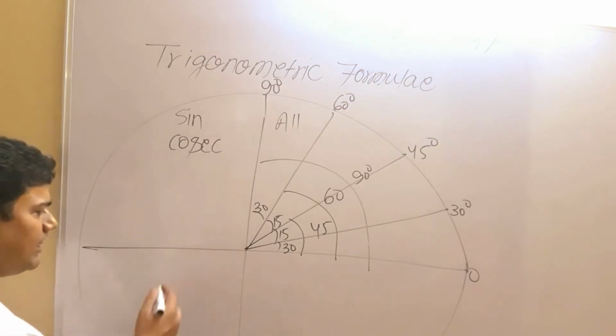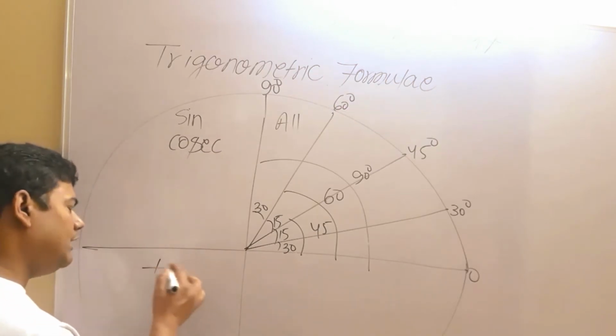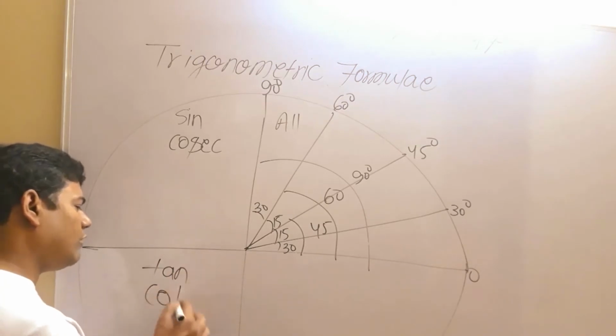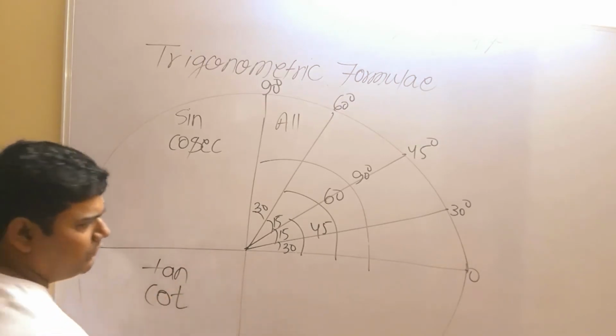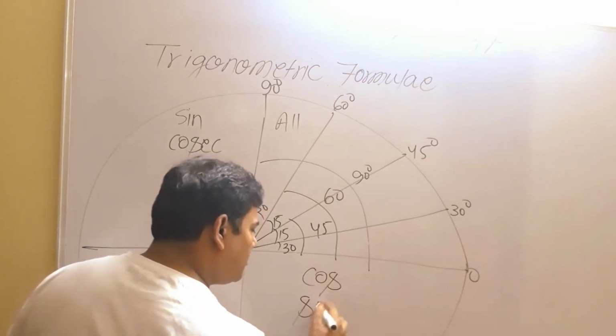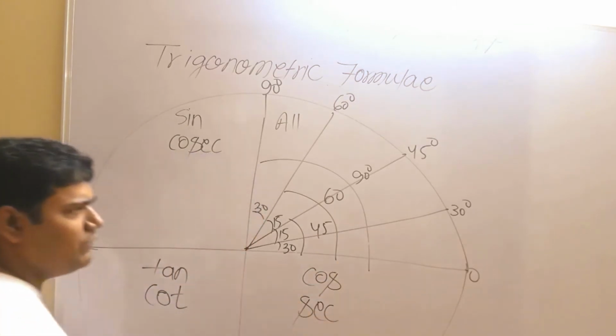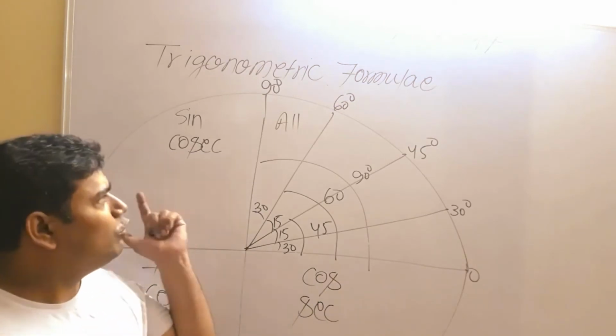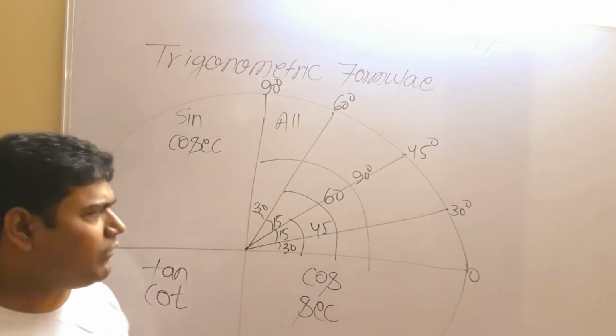In the third quadrant, only tan and its opposite, cot, will be positive and all others will be negative. And in the fourth quadrant, cos and its opposite, sec, will remain positive and all others will be negative. So we can memorize with the help of one trick.